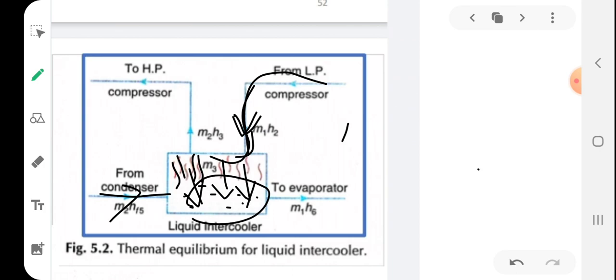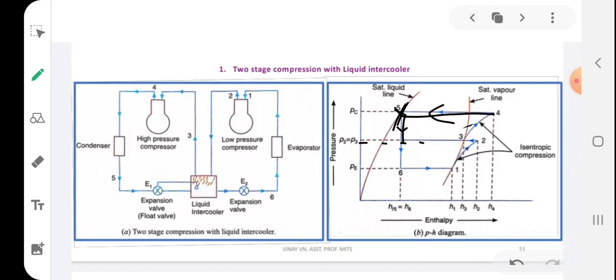That is why you can see the hatched portions, which represent evaporated liquid. This evaporated liquid gets added to the superheated vapor, and the mass of the vapor increases because some of the evaporated vapor joins that stream. This will pass to the HP compressor. Now what happens? So the mass will be reduced.